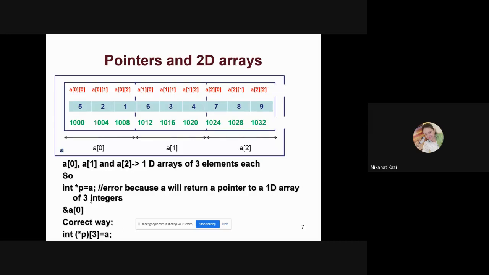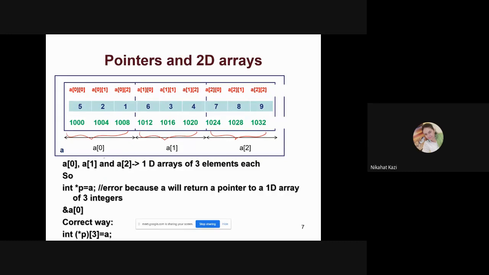Each of these arrays has a name actually. Each of these rows is an array, and each of these 1D arrays has a name.